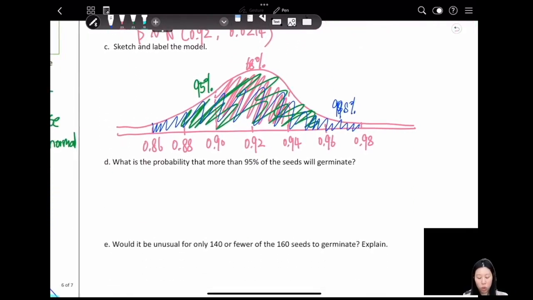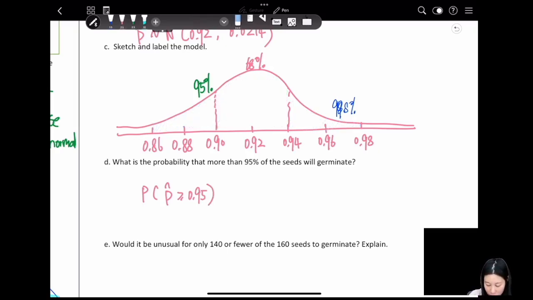Okay, what's the probability that more than 95% of the seeds will germinate? We're trying to find the probability when p hat is greater than or equal to 95%, which is 0.95. Now look at the graph.